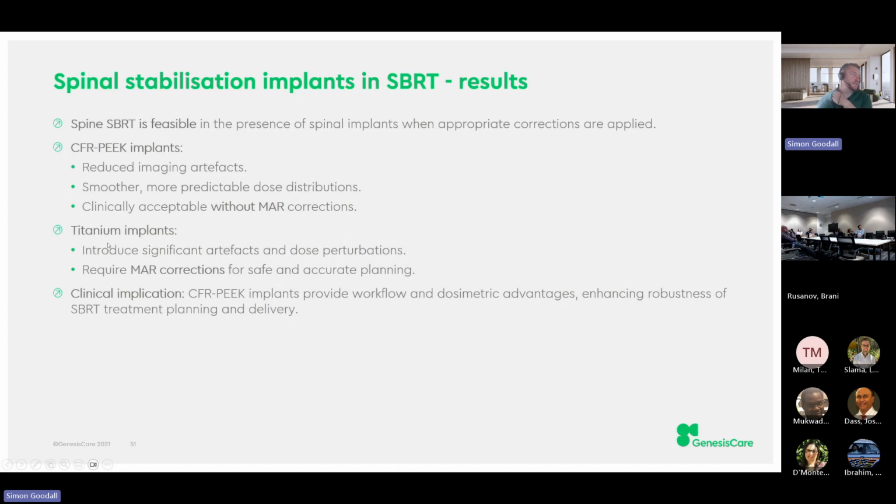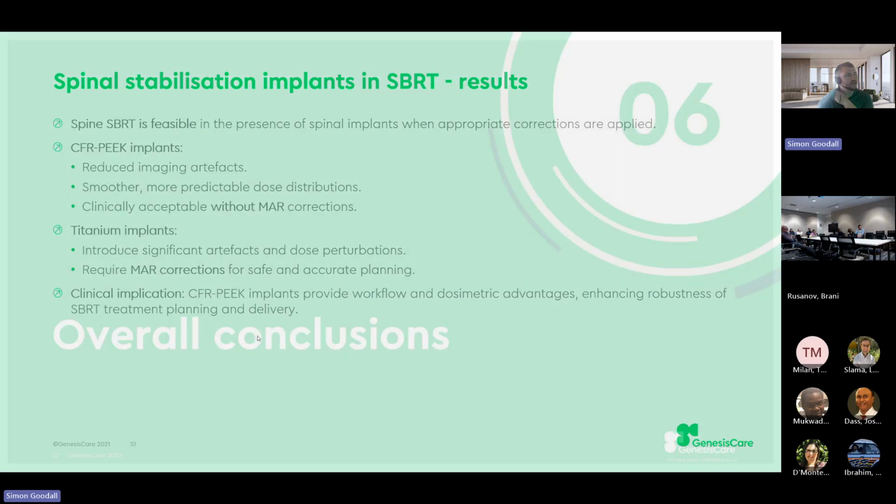With titanium implants, the images are definitely worse. But if you have a good MAR algorithm and you can accurately correct for that titanium, then you can still deliver Spine Saver accurately. And so clinically, if you get the choice, you'd go with the carbon fiber ones, but if not, you can still treat these patients.